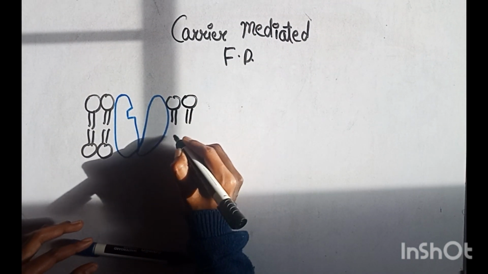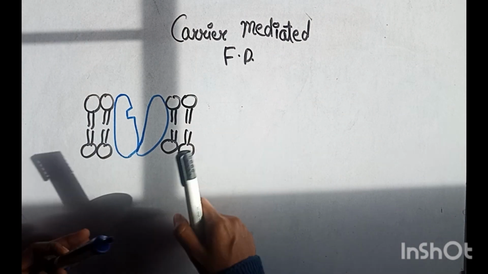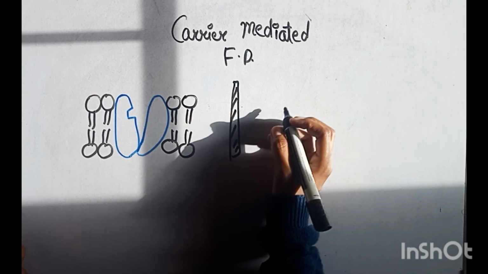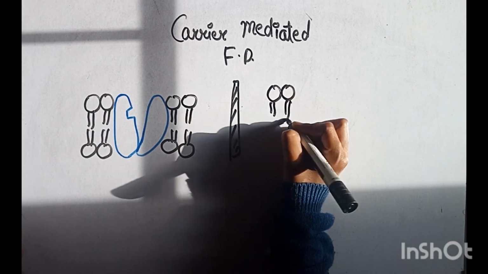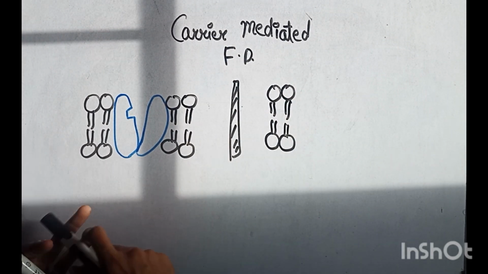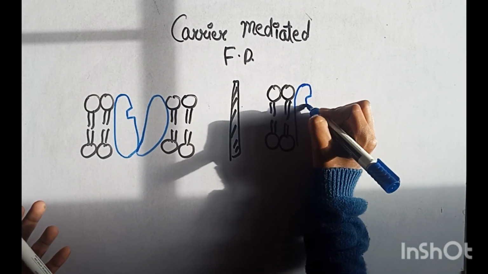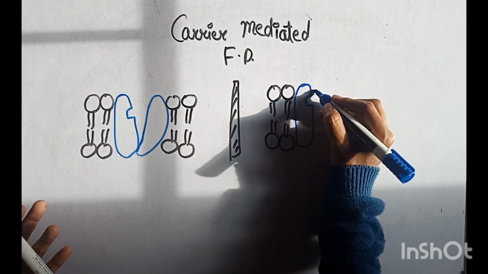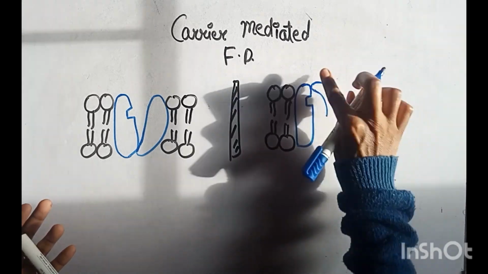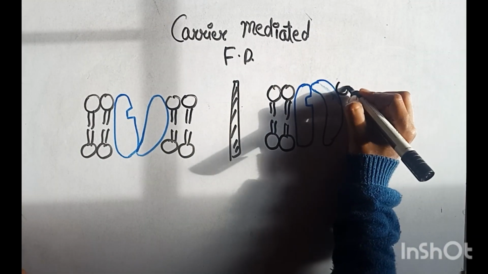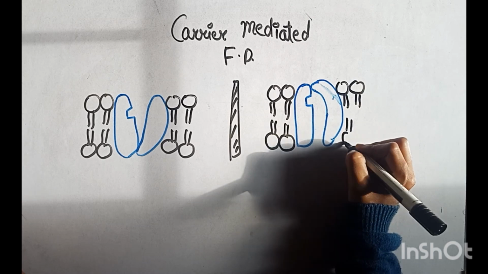This is called a carrier, and a carrier is a transporter. There are also two conditions. In the first condition, this is a membrane protein that acts like a carrier, called a transporter. In the other condition, this is also a membrane protein acting as a transporter.